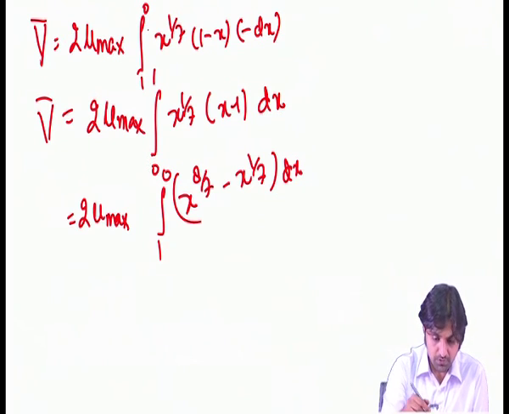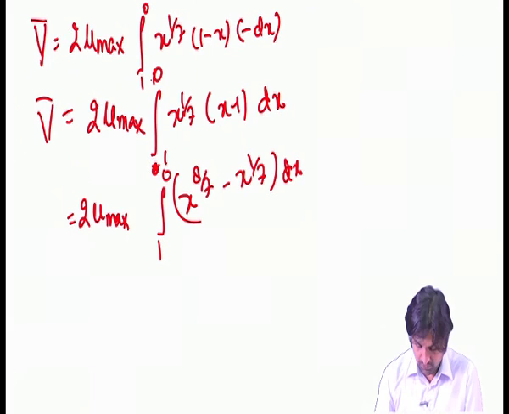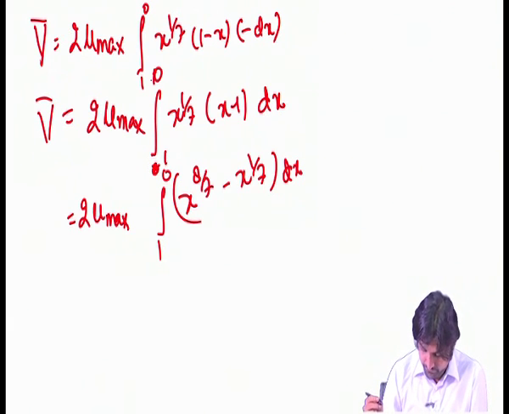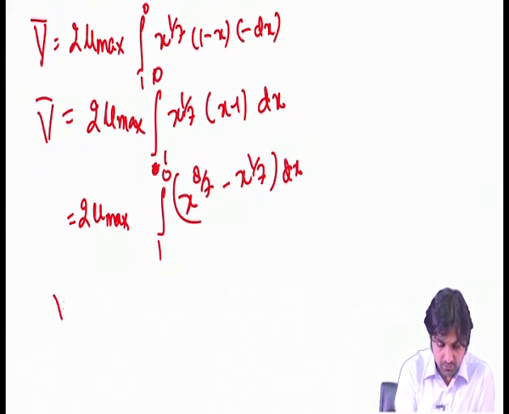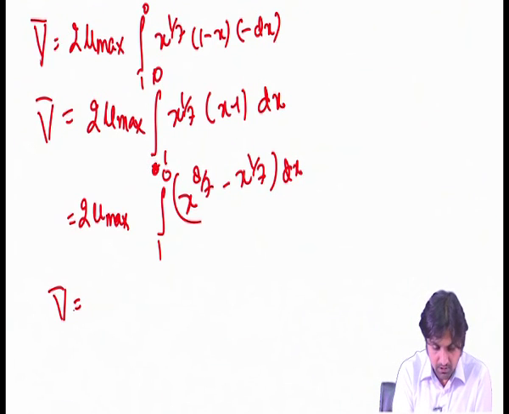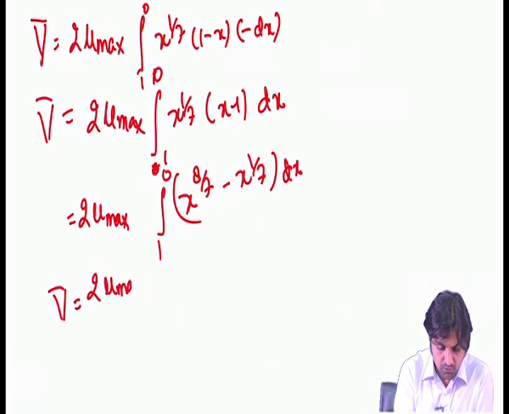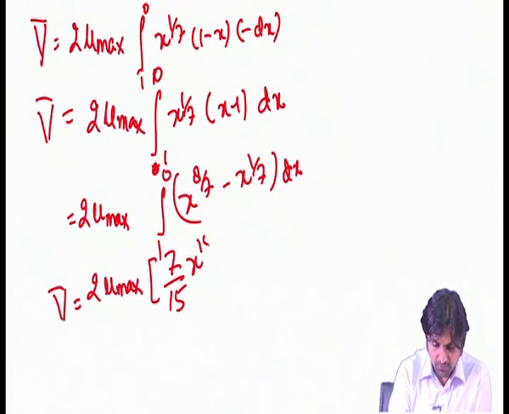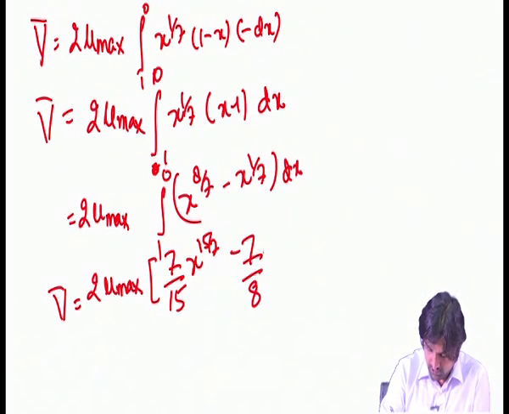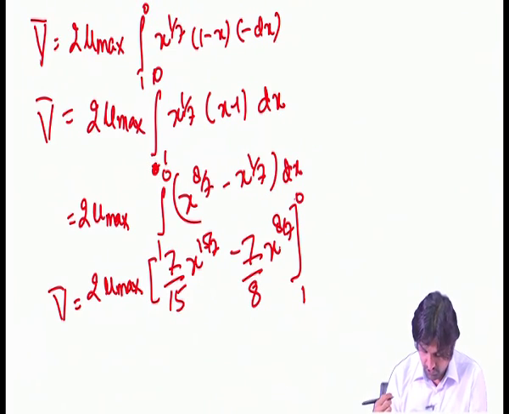So, V bar can be 2 u max into 7 by 15 x to the power 15 by 7 minus 7 by 8 x to the power 8 by 7, and the limit is from 1 to 0 for both terms.